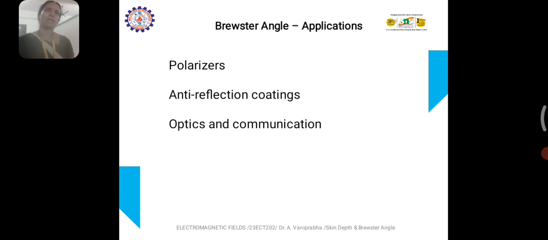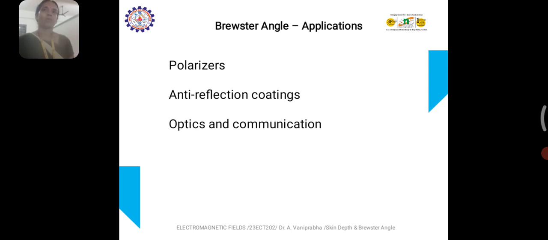Polarizers are most important in handling light rays while filtering or reflecting. Sunglasses and camera filters are made on this principle. Next is the anti-reflection coating on lenses and screens.